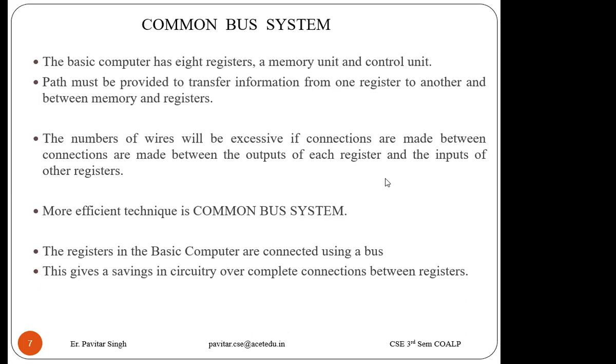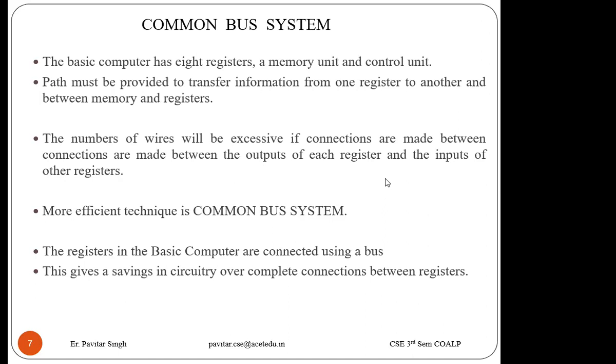concept, right? So the registers in the basic computer are connected using a bus. This gives a savings in circuitry over the complete connection between the registers. We learned in the last lecture how a common bus system is established.